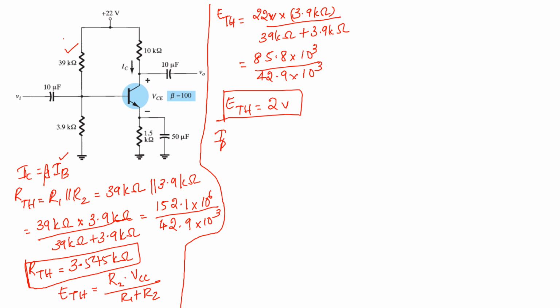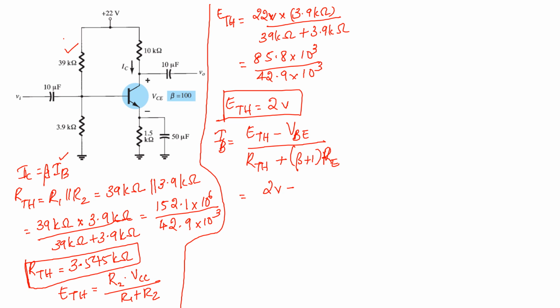Now can we find out what is your IB? IB is equal to ETH minus VB divided by RTH plus (beta plus 1) into RE, right? Okay, so what is your ETH?